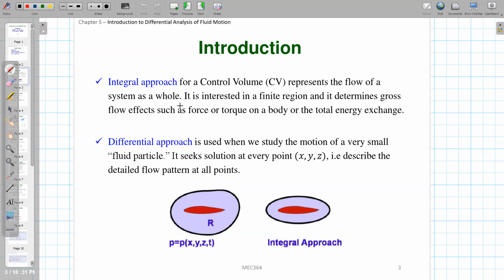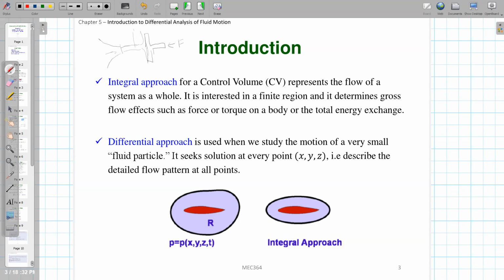You do not know anything about specific values. For example, we had an example problem where we have a nozzle and water coming out to hit a plate vertically, and we are asked what force is required.